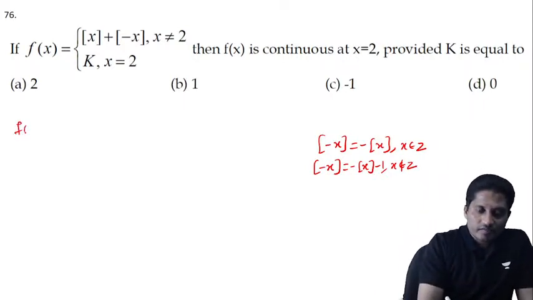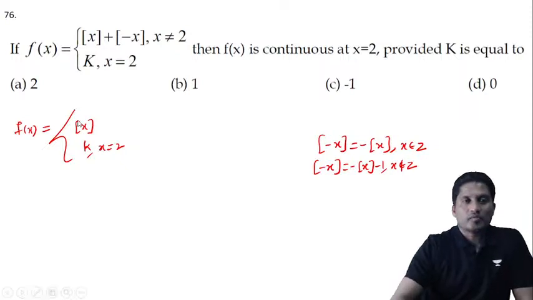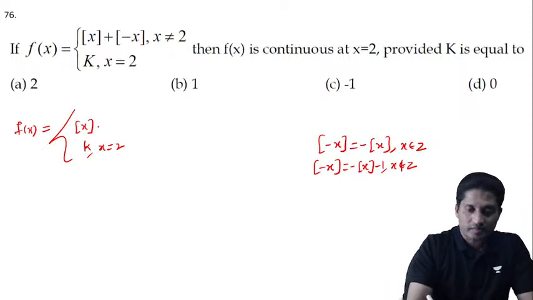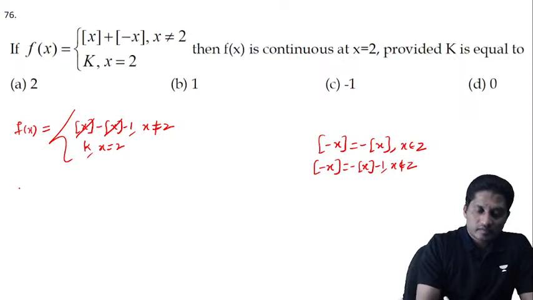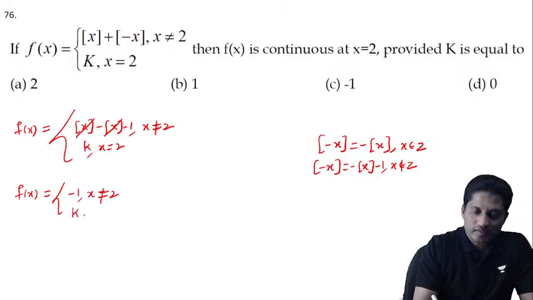Now this f(x) is equal to k when x is equal to 2, and otherwise box x plus box of minus x, where box of minus x is minus box x minus 1, and if x is not an integer, this will cancel. So f(x) is equal to minus 1 when x is not equal to 2, and equal to k when x is equal to 2.